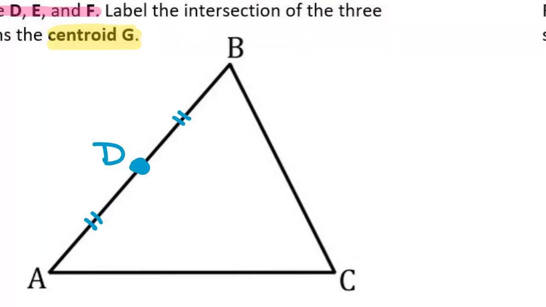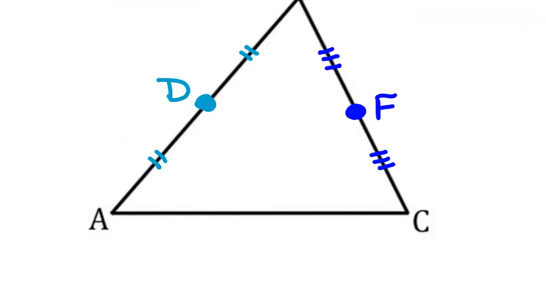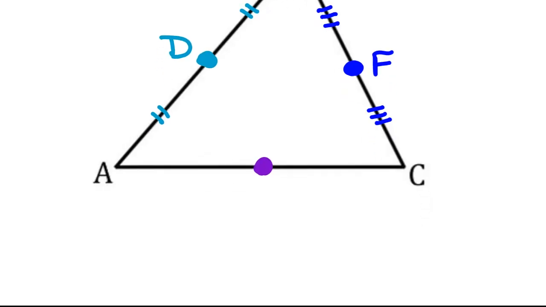Over here on side BC, we're going to do our best to locate the midpoint, and we're going to call that F. Because that's the midpoint, that means that BF and CF would be congruent. And then down here on side AC, we're going to find the midpoint and label it E. So AE and EC would be congruent.